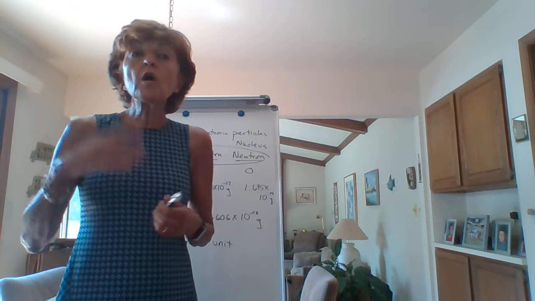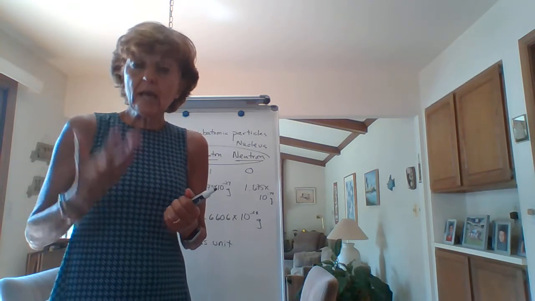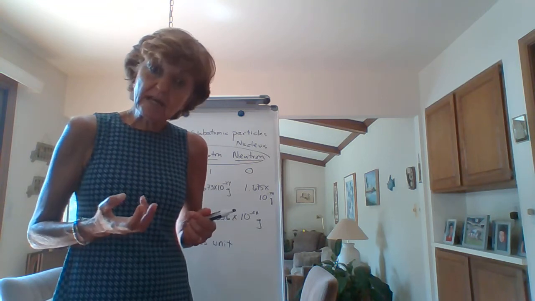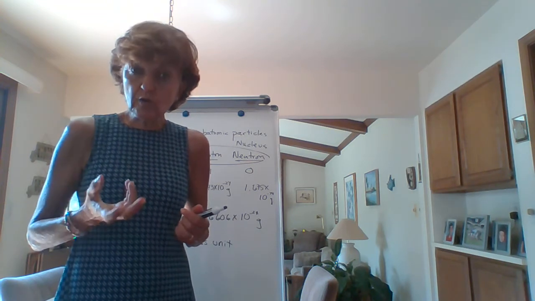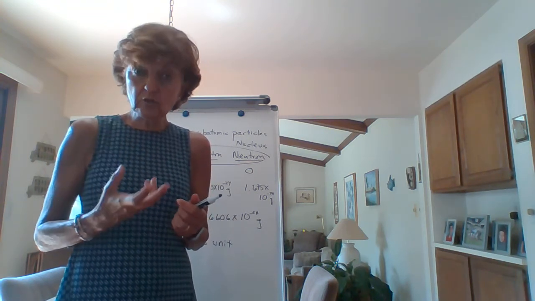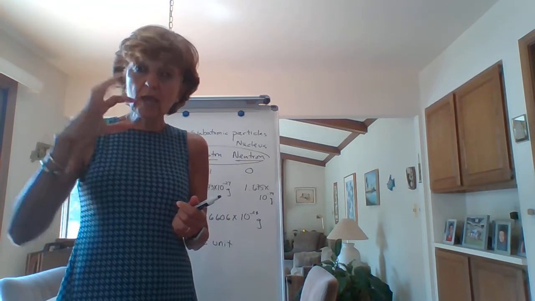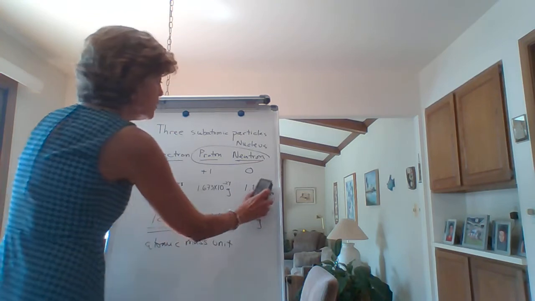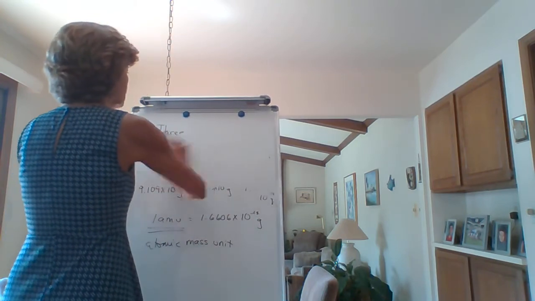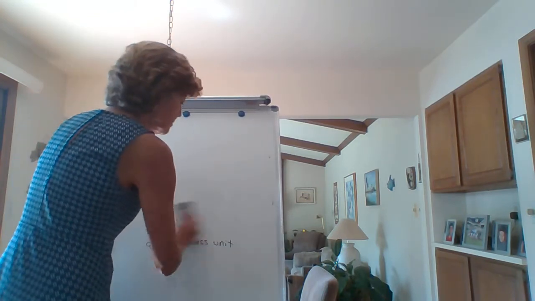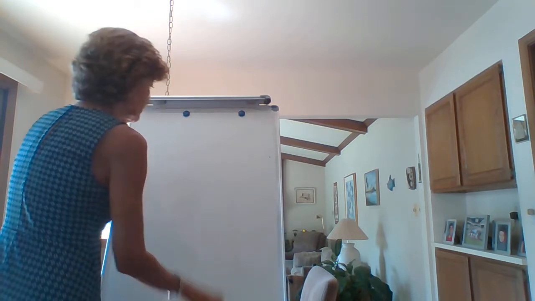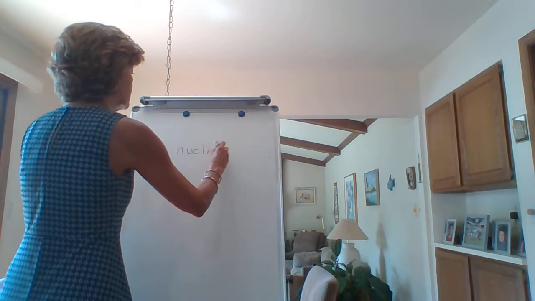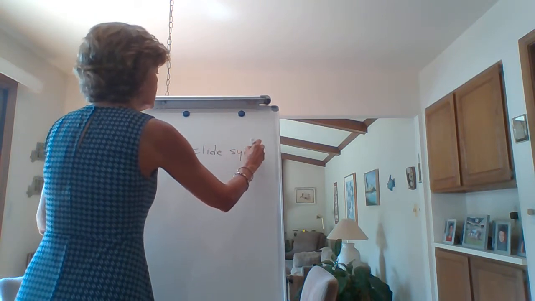All right, so when we look at an element, we talk about how many protons that element has, how many neutrons it has, and how many electrons it has. And the way we can summarize all that is in something called a Nuclide symbol. So let me show you what a Nuclide symbol looks like. You write that term down, Nuclide symbol.